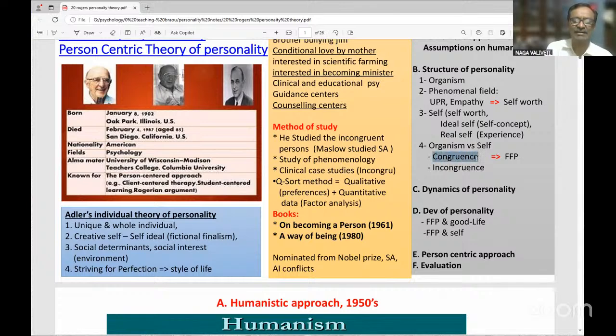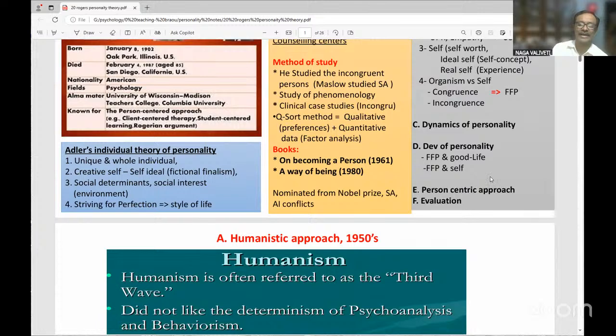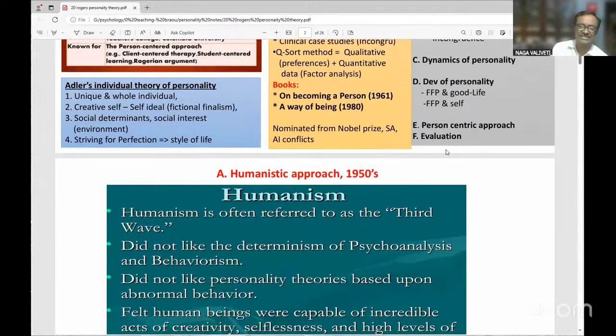If there are few common areas and few common achievements as expected in the ideal self, then it is incongruent. Congruence leads to being fully functioning, to self-actualization. Incongruence leads to psychopathology. So we will discuss the dynamics, how it functions, and the development of personality. If time permits, we'll see the therapy also.